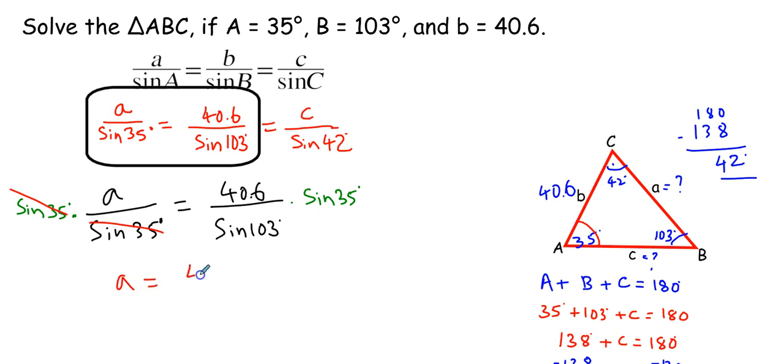A is equal to 40.6 over sine 103 degrees, sorry, times sine 35. So on the numerator you have these two. Okay, now just take calculator. I have my calculator here.